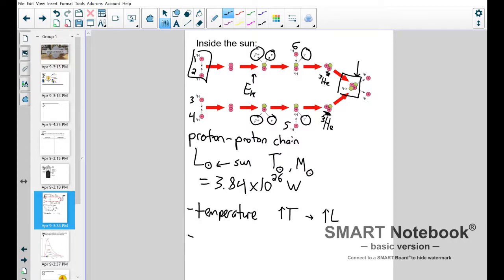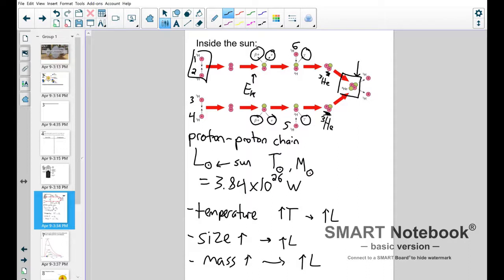In terms of the size, which is not the mass, this would be like the radius, I'm sure you can also convince yourself that if the size is larger, so is the luminosity. And finally, if the mass is larger, then the luminosity is larger as well.